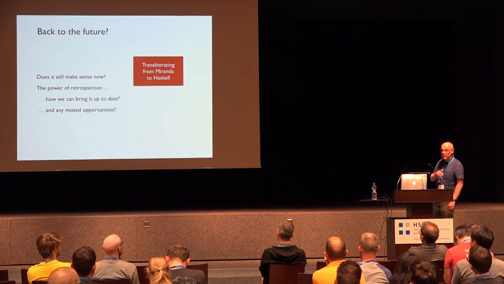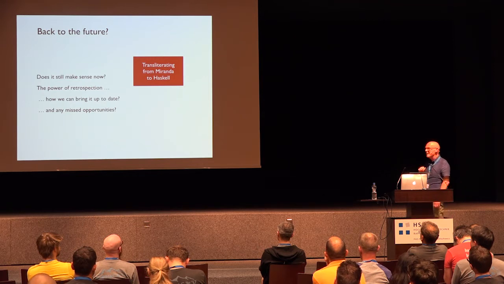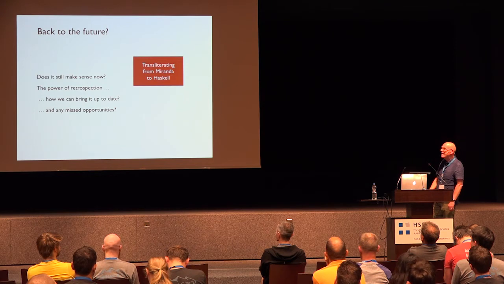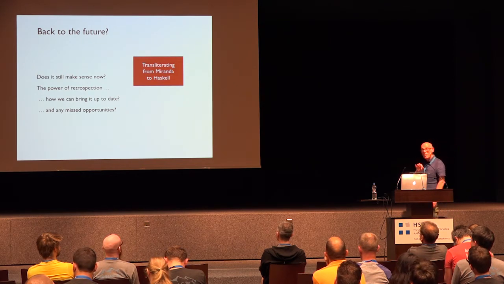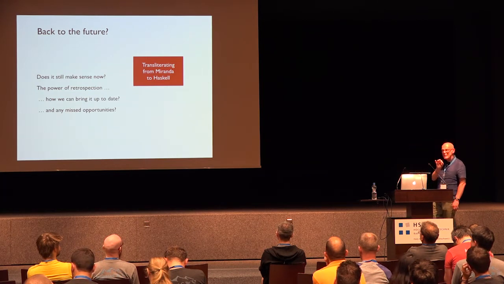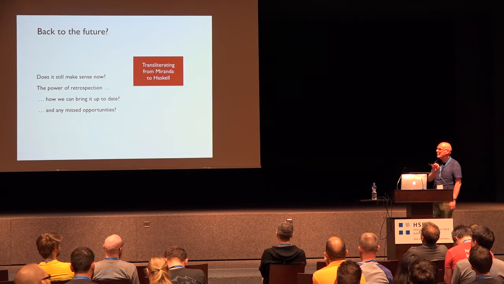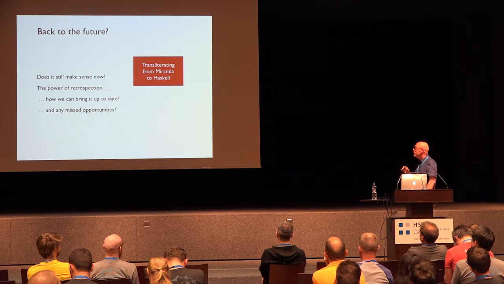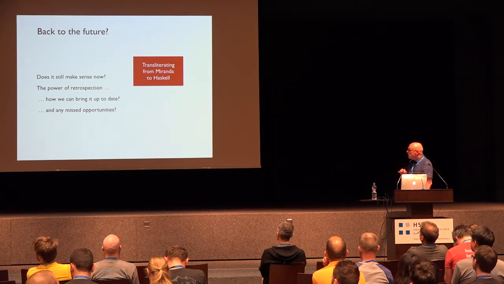Pattern matching in Haskell is different, and this caused me some grief: there are places where we need to insert a tilde, because Miranda had irrefutable pattern matching by default, whereas Haskell has refutable pattern matching by default. But not much else changes.